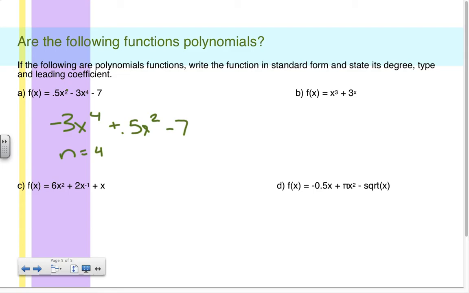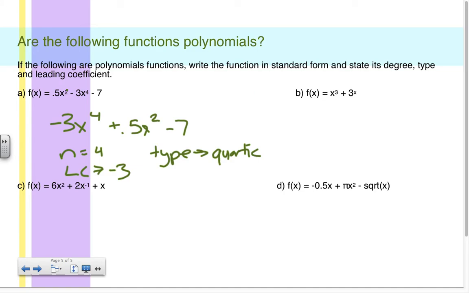Its lead coefficient is the coefficient in front of the x to the fourth term, so that would be negative 3. And what else are we looking for? The type. Its type would be quartic, just because it is a fourth degree function. Now, that's everything describing all of the pieces of that polynomial function.